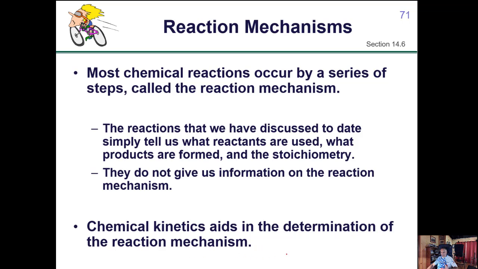Now, I want to stress this. You can never prove a mechanism. What you can do is establish a series of criteria that are consistent with an experimentally determined rate law that gives you information on what the reaction mechanism probably is, okay?